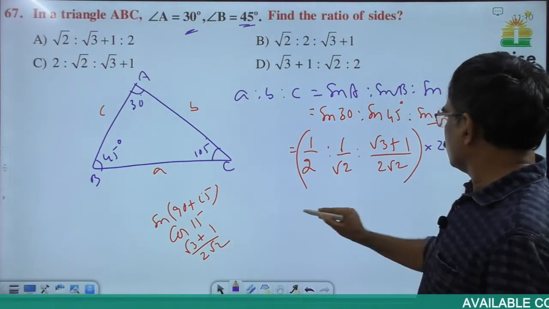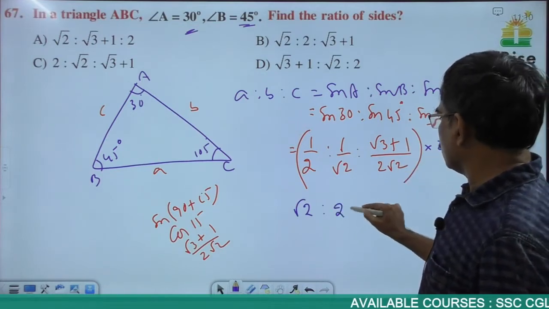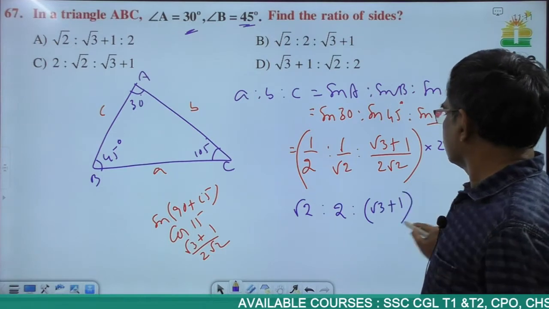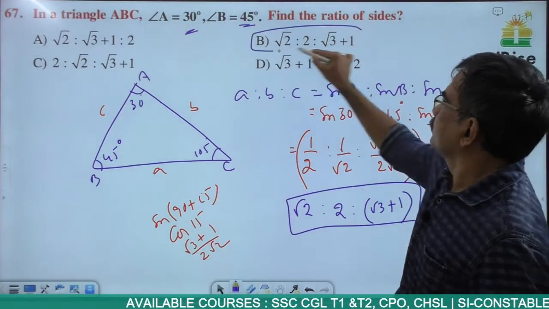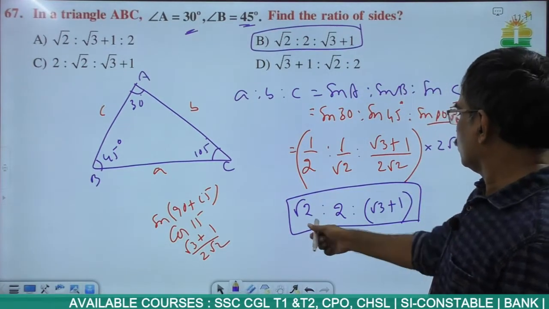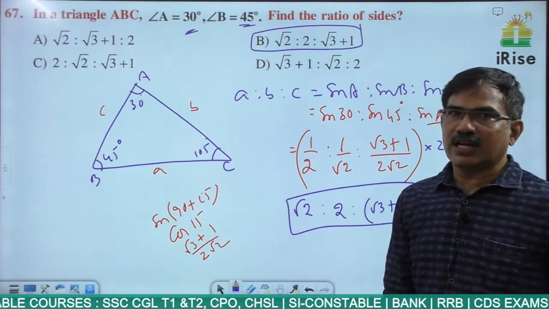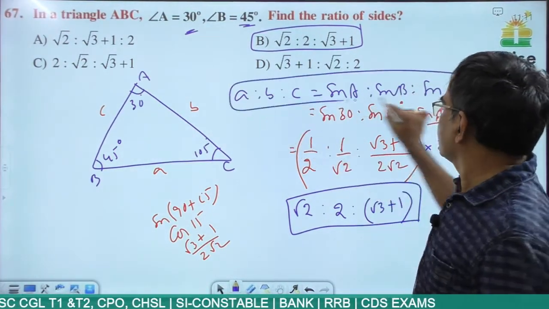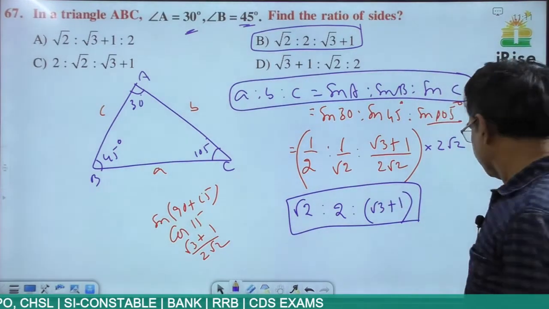Root 2 times 2 root 2 is 2, the root 2 cancels, and we get root 3 plus 1. This is the answer for this question. Here, if angles are given, the ratio of sides is equal to the ratio of sines of angles. Okay. Next question.